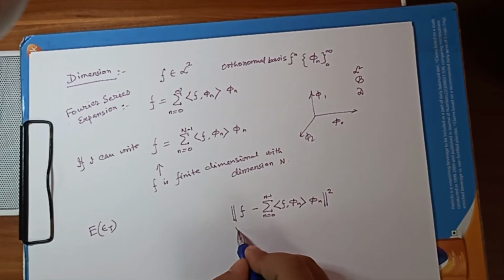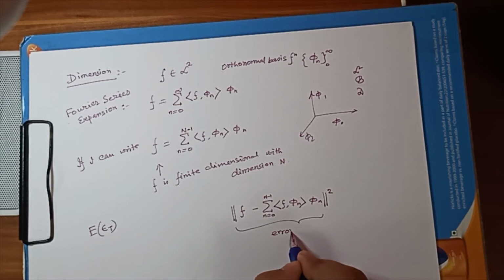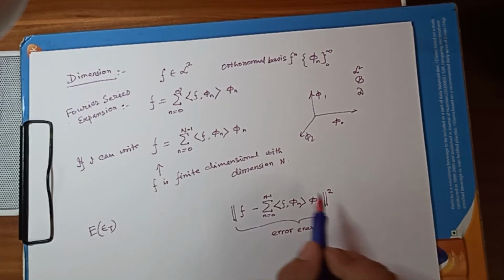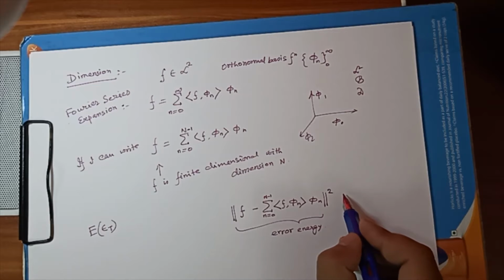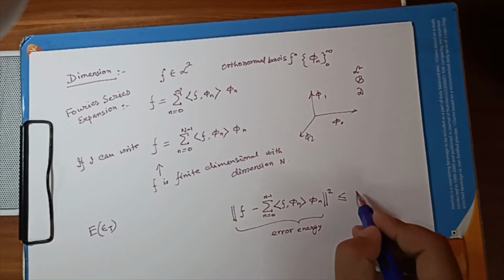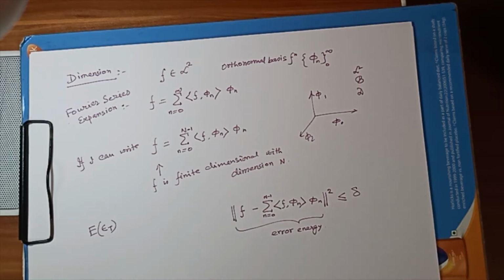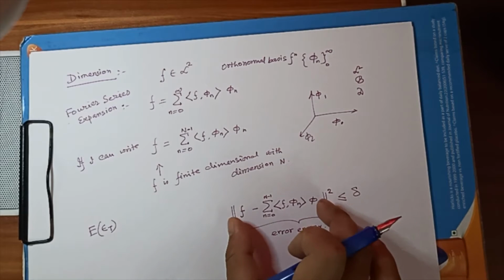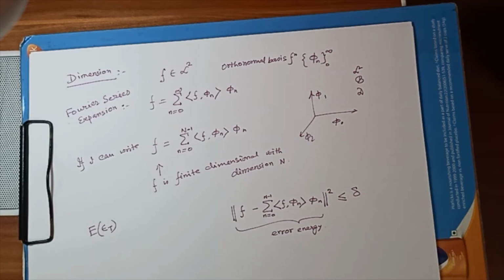This is essentially the error energy. Now you want to see that the maximum of such error energy goes below some pre-specified arbitrarily small number, some delta. If we can enforce that, then only will we know that this particular signal f will be approximately finite dimensional.